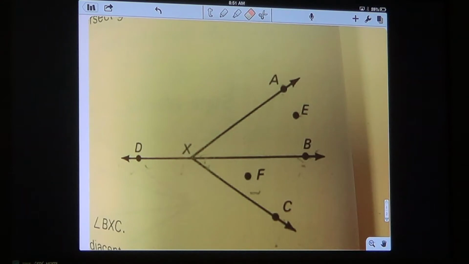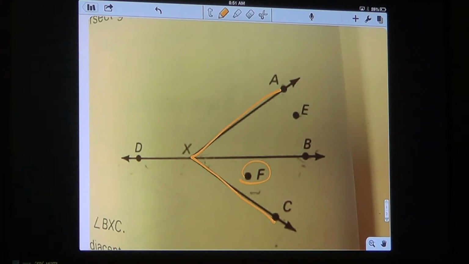B lies in the interior of AXB, same angle. Since it's on the angle, that would be false. F lies in the exterior of angle AXC. What were they asking about? F. That would be false. F is in the interior.